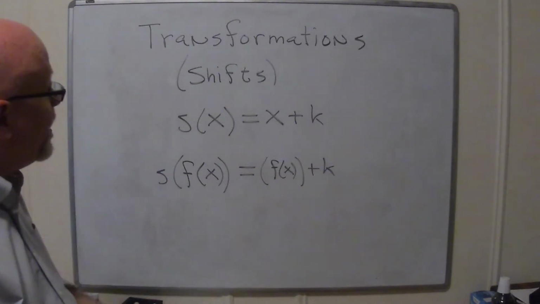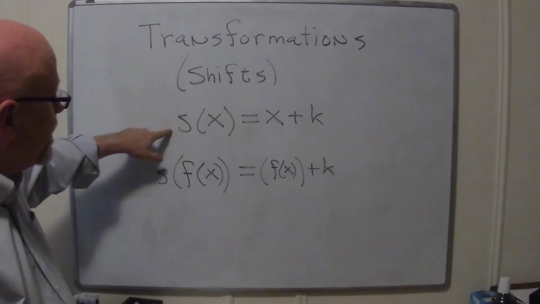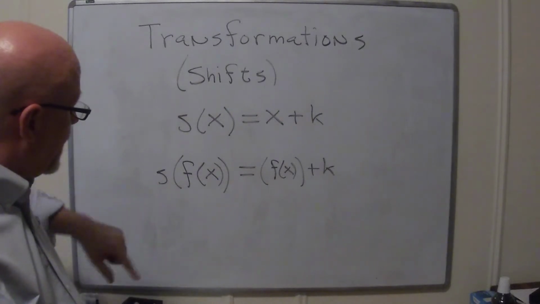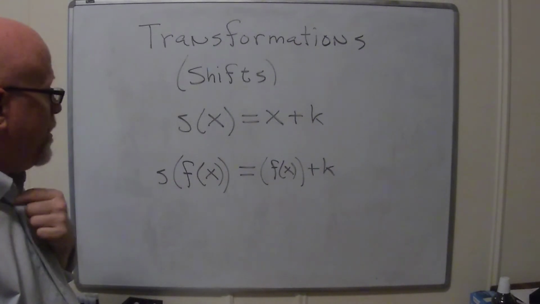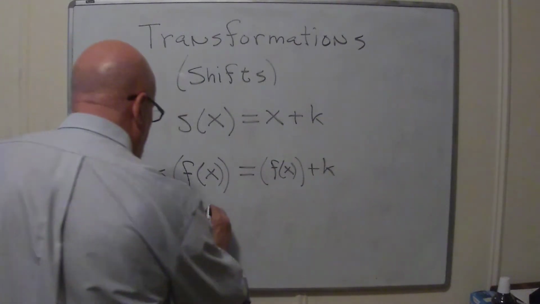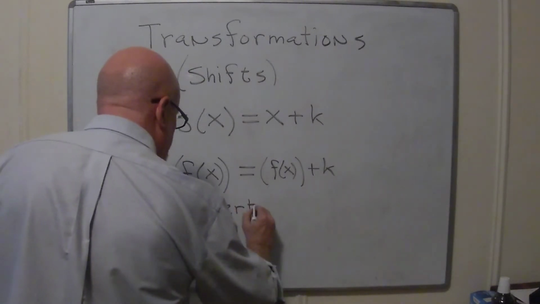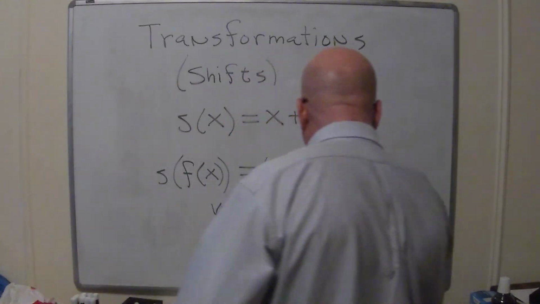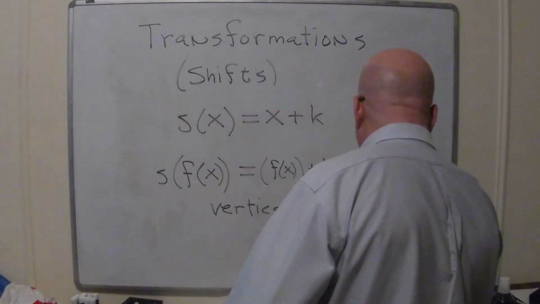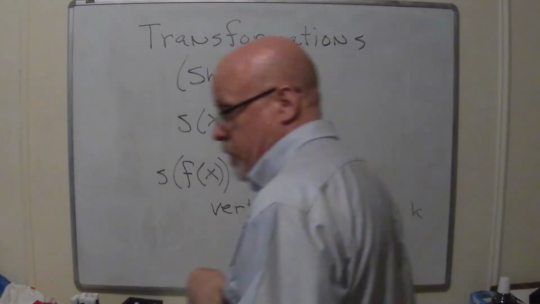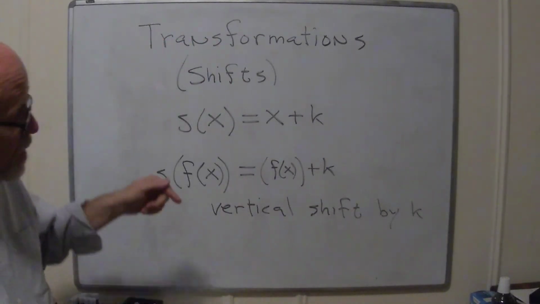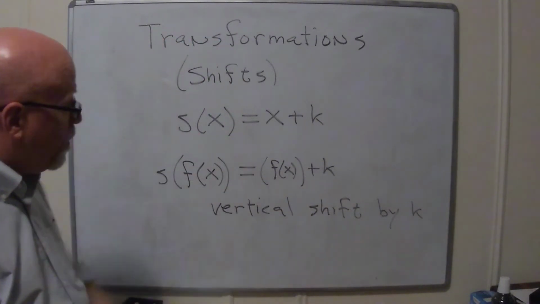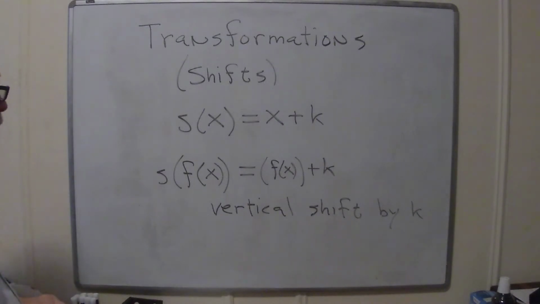So what this shifting does, if we compose it on the outside like that, it shifts us vertically. This is just a vertical shift by k units. And if k was negative, that would mean a downward shift, right? You could go up with positive k's, downward with negative k's.